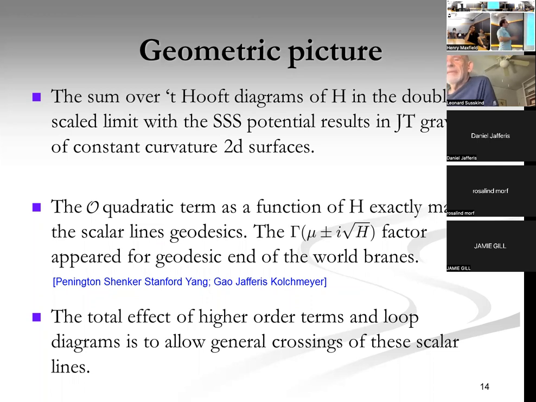The 12 diagrams of H build the 2D Riemann surfaces, that's the SSS, and now they're decorated by O lines. There are all these higher order terms, loop diagrams, but they all unlace so that it just looks like you're drawing simple O lines on your Riemann surface, potentially with self-crossing lines.